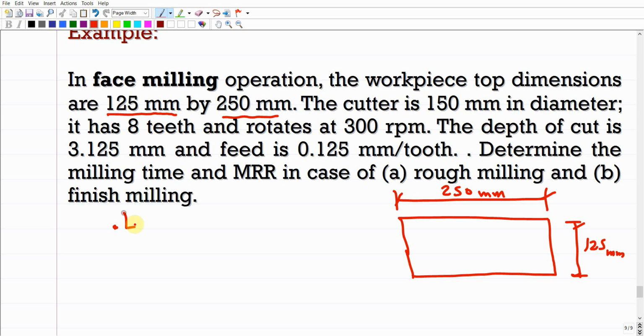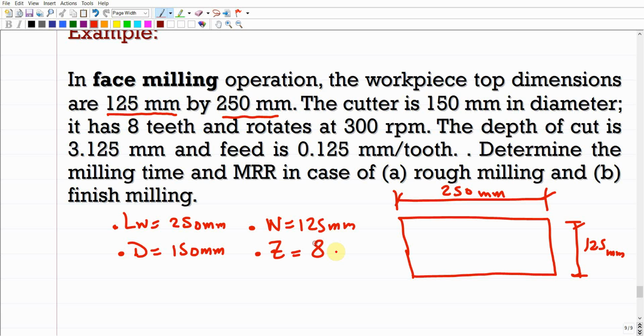So L_W was given as 250 millimeter, and W was given as 125 millimeter. The cutter is 150 millimeter in diameter, so this is going to be D uppercase for the cutter, 150 millimeter diameter, and has Z equals 8 teeth.